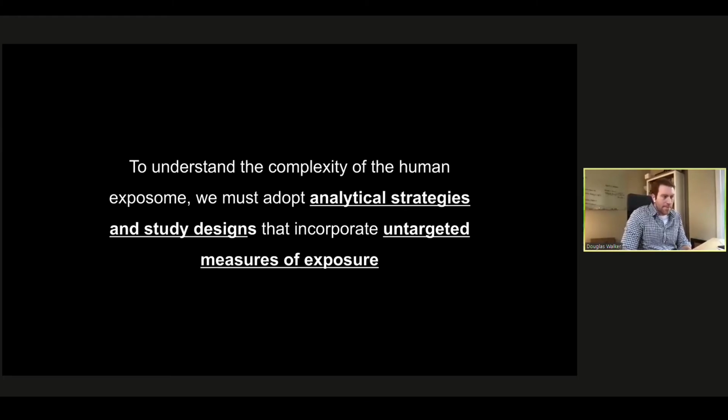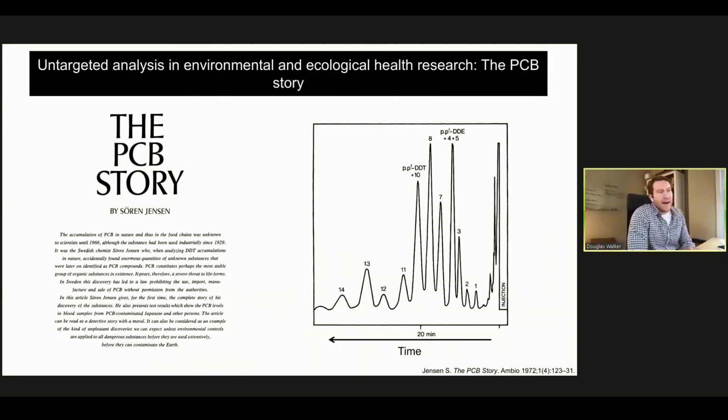targeted approaches. And one thing that I found really interesting is that we tend to think about these untargeted methods as cutting edge, or this new way to do environmental health research.